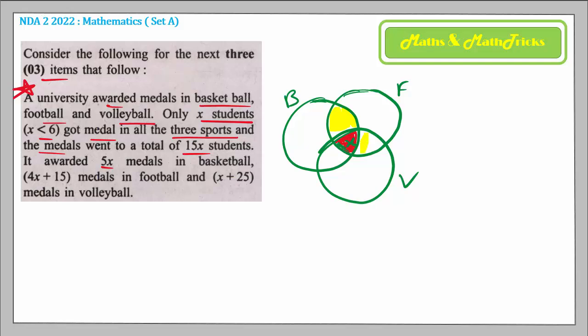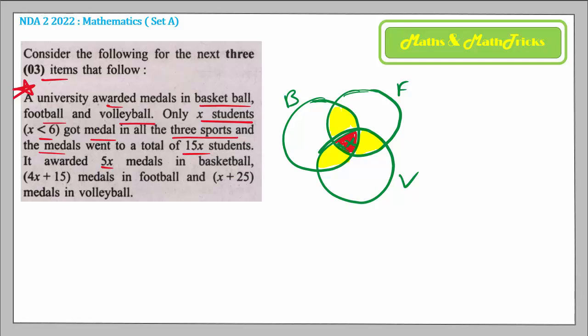And similarly the yellow region which I am shading is where the players received medals for F and V only, and the other yellow region which I am shading is for B and V. So the yellow shaded regions give the number of awardees receiving exactly 2 medals, either basketball and football, football and volleyball, or volleyball and basketball. Exactly 2 sports medals they are getting. Got my point?